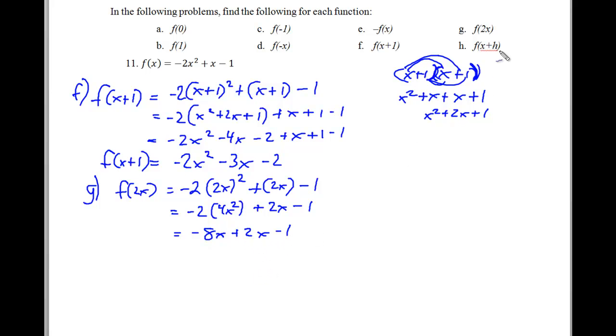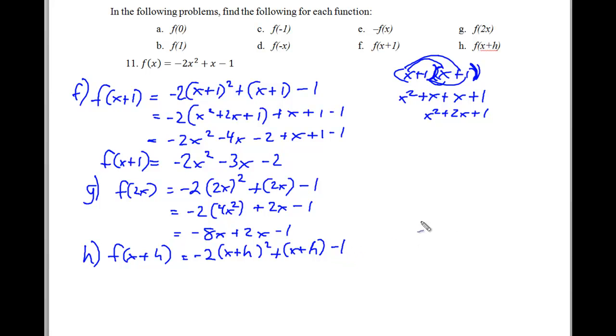On to letter H, another binomial, and I will have enough room to do this here. This is my f of x plus h. So in every instance of x, I'm going to type in my x plus h. So there's my x plus h quantity squared plus x plus h not squared, and then minus 1.